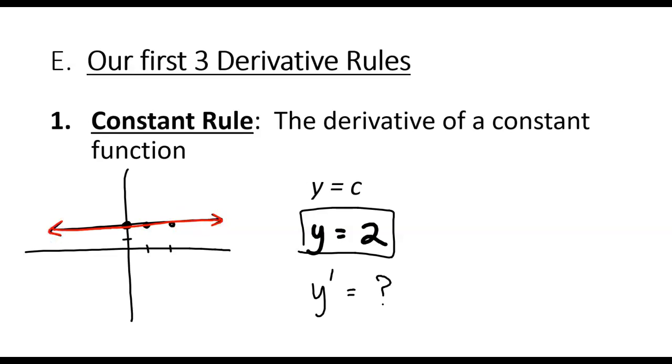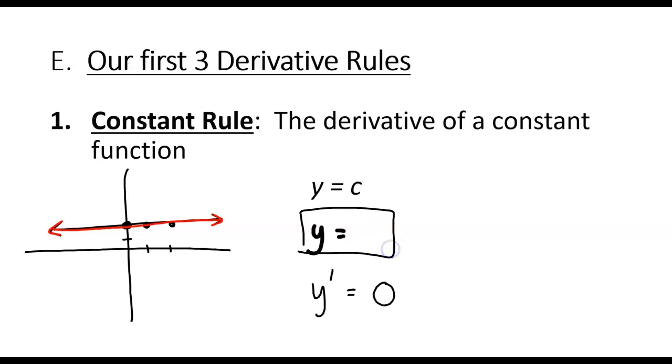Now let me ask you, do you guys remember from pre-calculus, what is the slope of a flat line? The slope of a flat line is always 0. So I've got my answer now. If the slope of my line is 0, that means the instantaneous rate of change is 0. It doesn't matter what this number is. That number could have been something different.